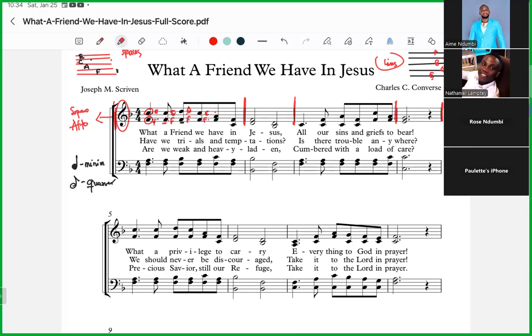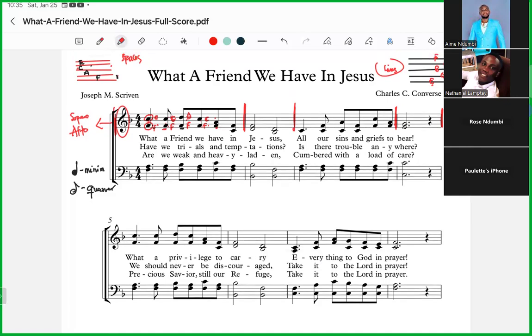Let's go to the next one. Again, you ask yourself, is it on a space or on a line? This first note here, the alto note, is on a space. Which positioning of the space? First space, so it's an F again.